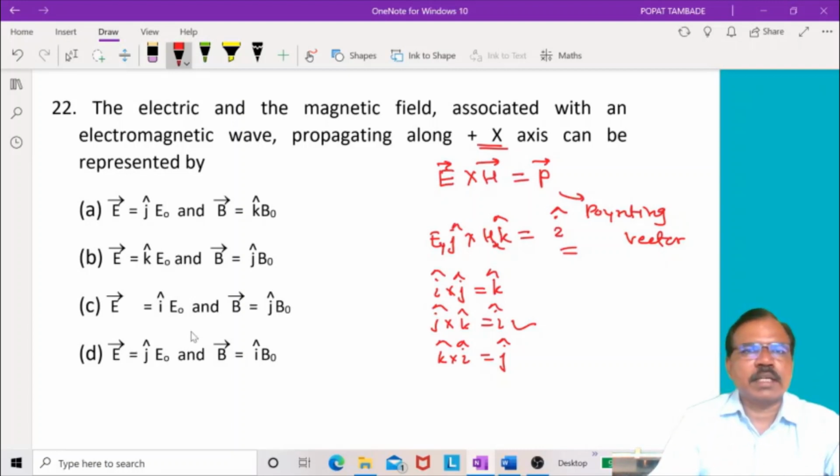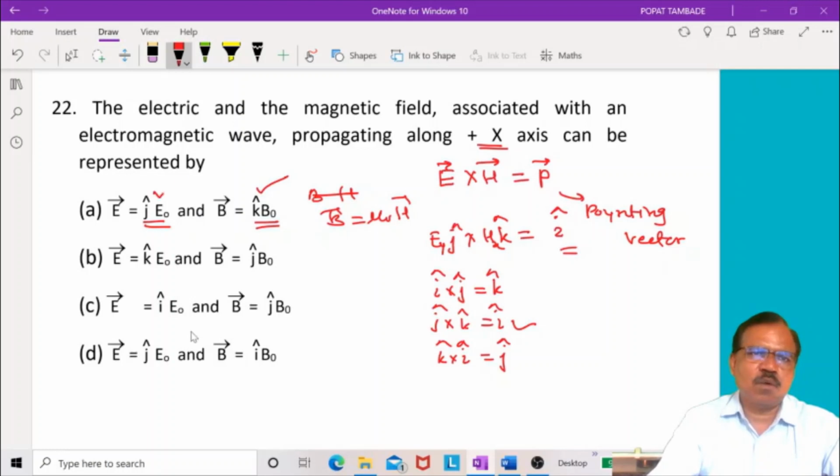So j cross k. So E is along j with E0, and B along k with B0, because we know B is equal to μ0 into H. So here this is along the z axis, this is along the y axis. So this one is correct. This is not correct, because here they are different.